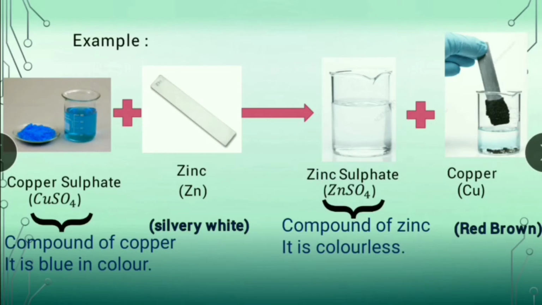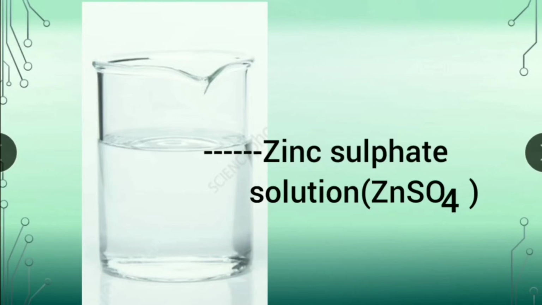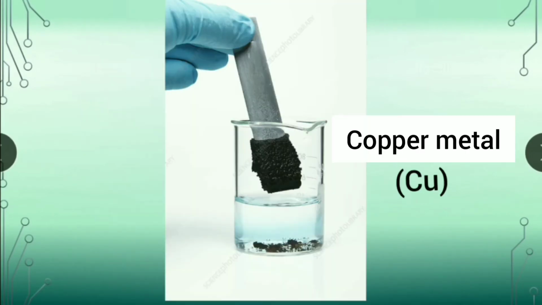It will displace copper from copper sulfate solution and gives colorless zinc sulfate solution, which is a compound of zinc, and red-brown copper metal precipitated or deposited on the zinc metal strip. The products of this displacement reaction are zinc sulfate solution and copper metal.